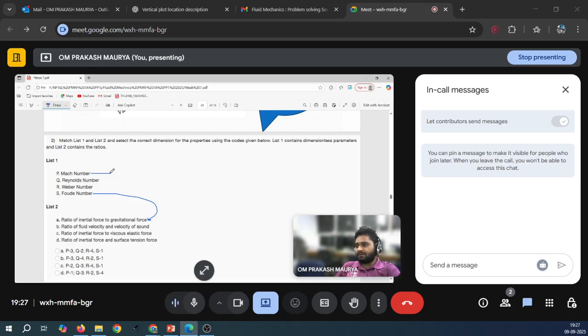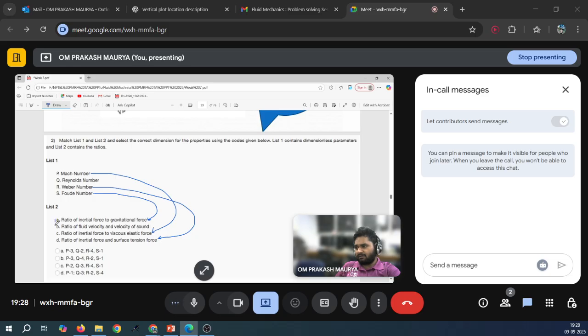Mach number is inertial force divided by elastic force. Then Weber number is inertial force divided by surface tension. So let me just correct this.